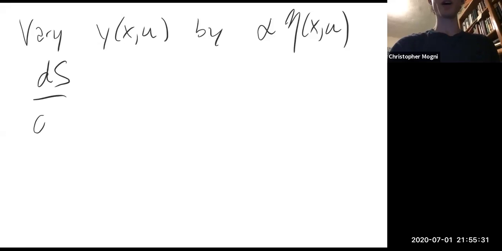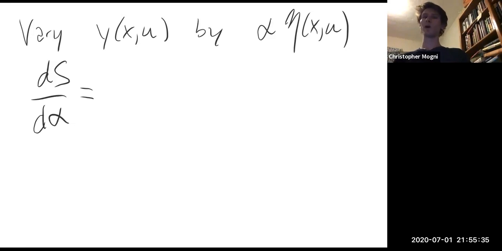To find extrema of S, you say, well, we're looking for configurations y that we would plug into the integrand L. And when we integrate over both x and u now, we want y to be a function such that S is at an extreme value.